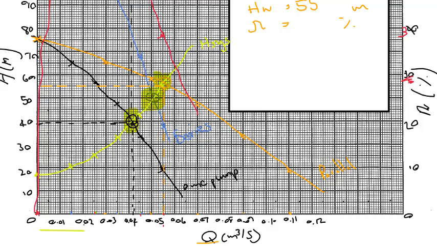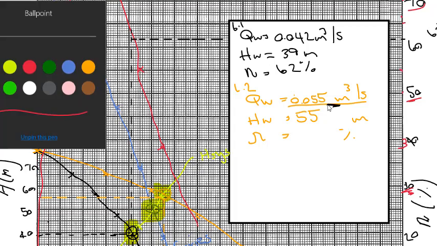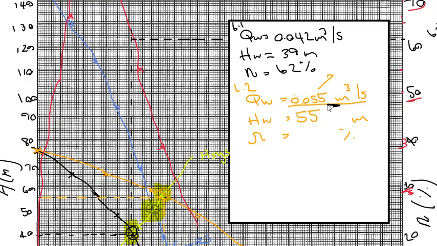Okay, so now we need to go and read our efficiency value. So we had to take this value 0.055 and divide it by 2, and we get 0.0275.